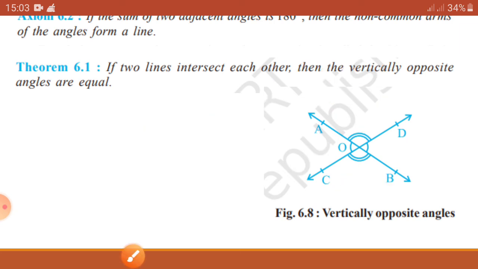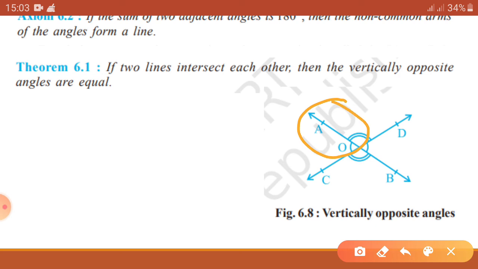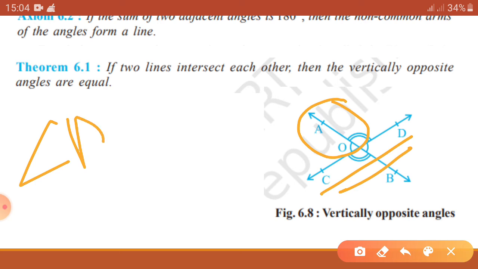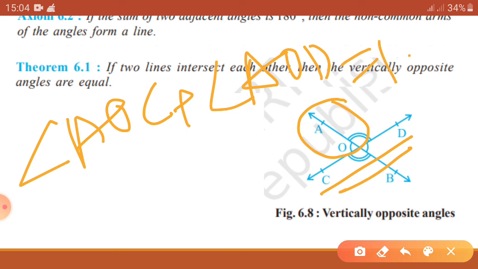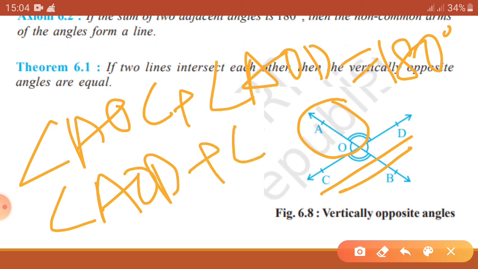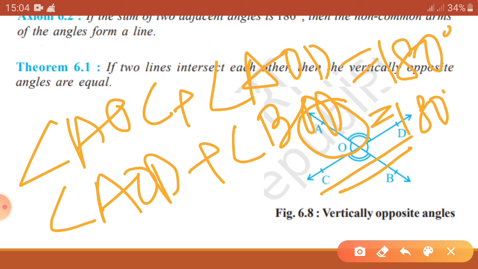Now at first we take that ray OA stands on the line CD. So we can say that angle AOC plus angle AOD is equal to 180 degrees, and also we can say that angle AOD plus angle BOD is equal to 180 degrees.